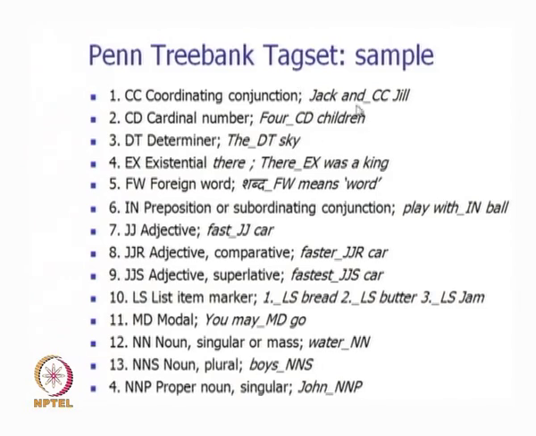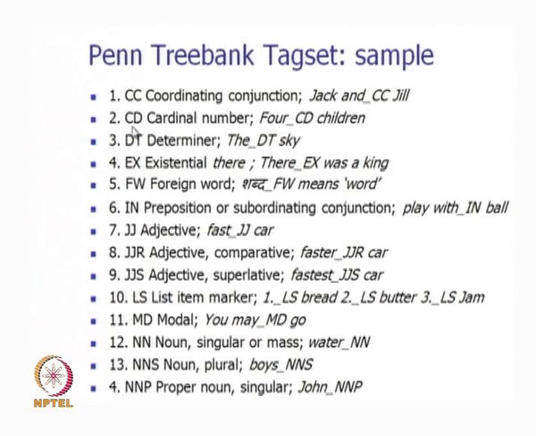The example of that is Jack and Jill. So, this is a phrase Jack and Jill, maybe they go up the hill, and this CC is attached to the word and, which is a conjunction joining Jack and Jill. So, and_CC shows the part of speech tag of and.